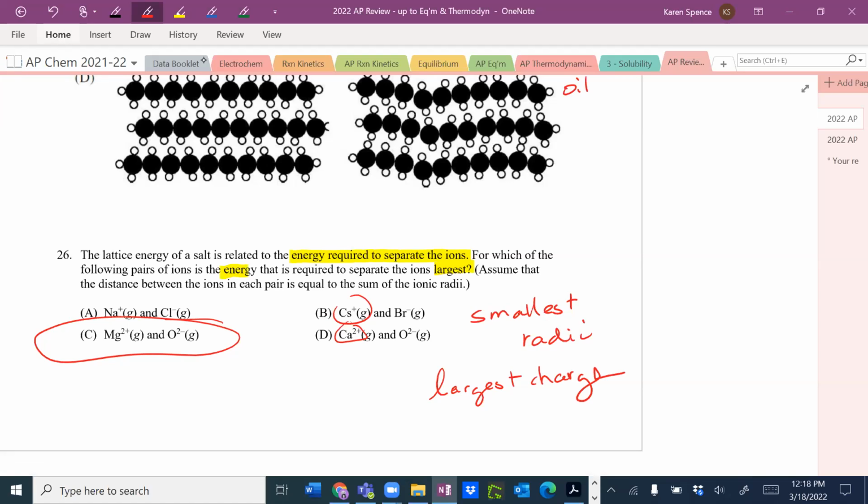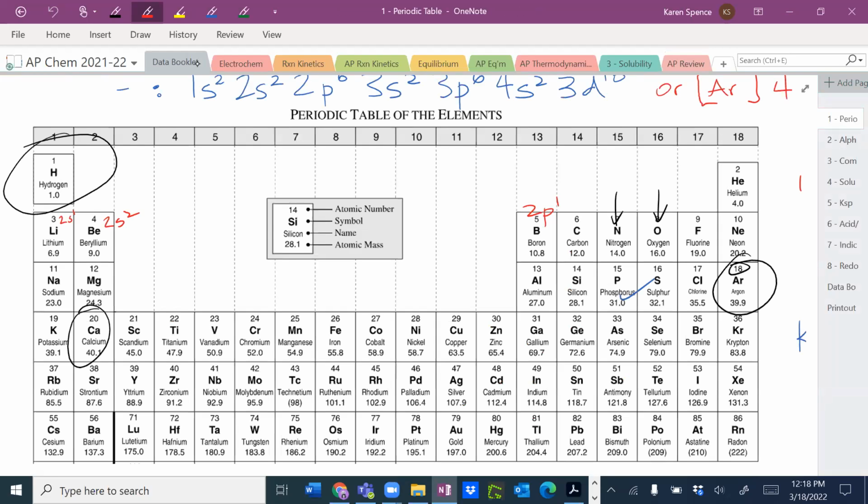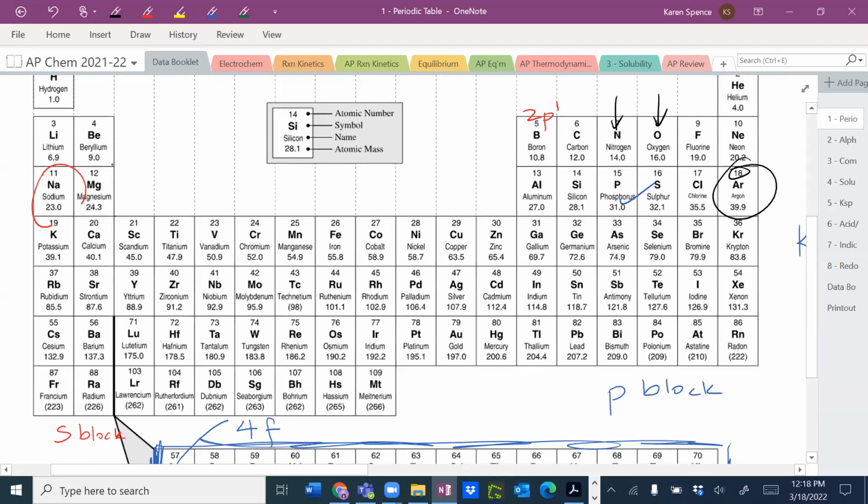We have our data booklet. So if we are comparing sodium and magnesium, magnesium is going to have a 2+ charge, which means it's going to be better at attracting things than sodium, which has a 1+ charge.